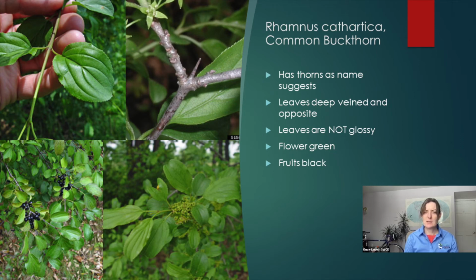Again, grows in that similar 8 to 12, 15 feet in height on average. But the leaves are not glossy. They're kind of dull and not shiny. They do not really have red fruits. They have that deep, dark black fruit, and they have very inconspicuous green flowers.